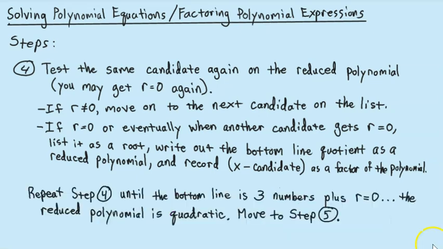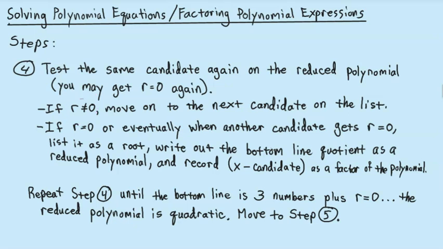Then what are you going to do? Then you're going to repeat step 4. You're going to go back up here and test the same candidate again. That means you're going to test 8 again on the new reduced polynomial, and see if 8 results in a remainder of 0, or a remainder not equal to 0.